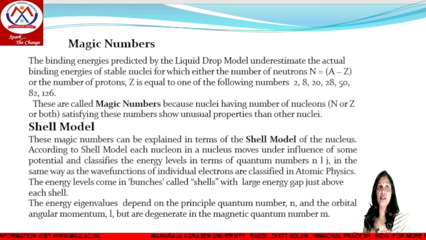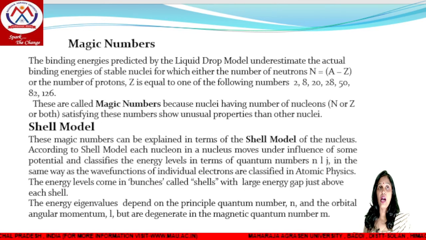These magic numbers can be explained in terms of the shell model of the nucleus. According to the shell model, each nucleon in a nucleus moves under the influence of some potential, and the energy levels are classified in terms of quantum numbers n, l, j in the same way as the wave functions of the individual electrons are classified in atomic physics.